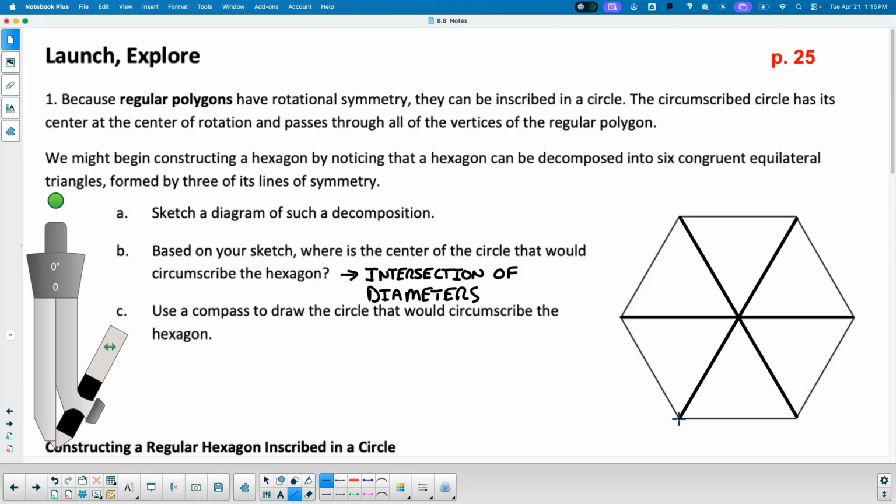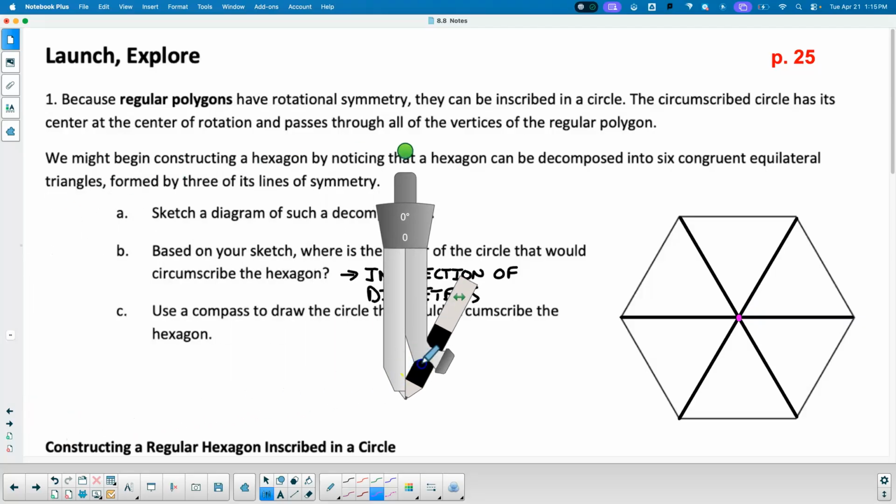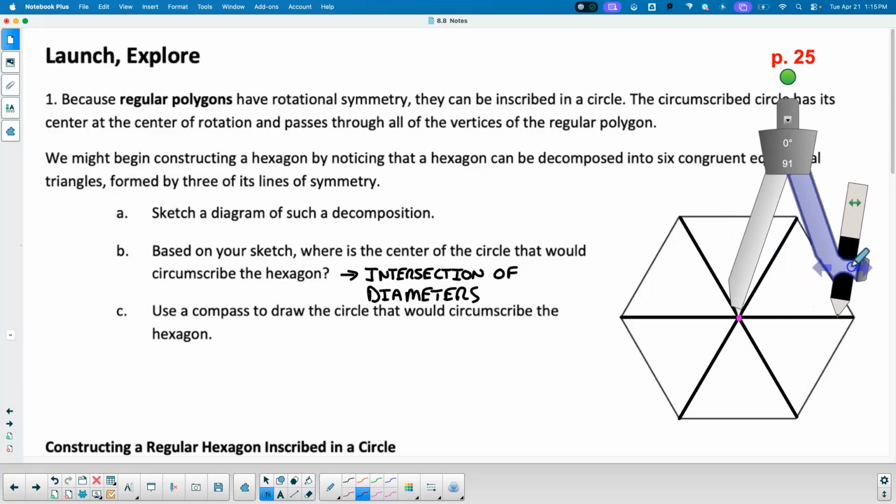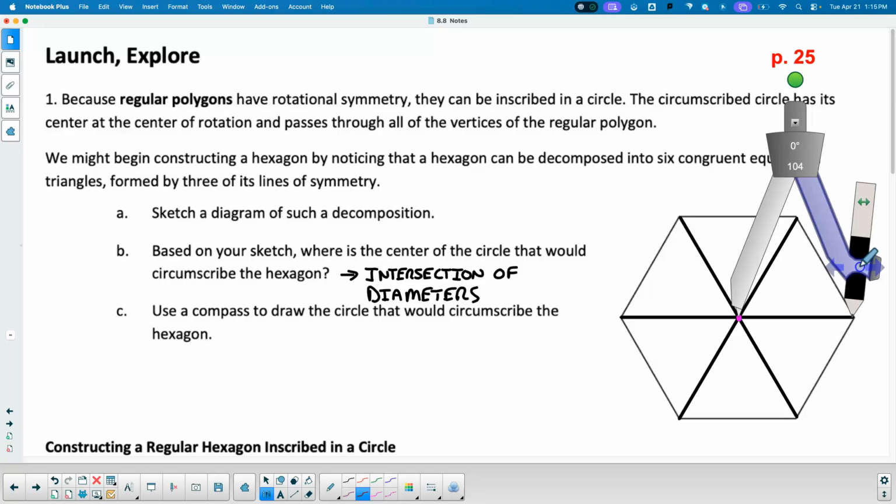That gives us our center point. So to circumscribe a circle, we take and we put the pointy end at the center. Expand it out.